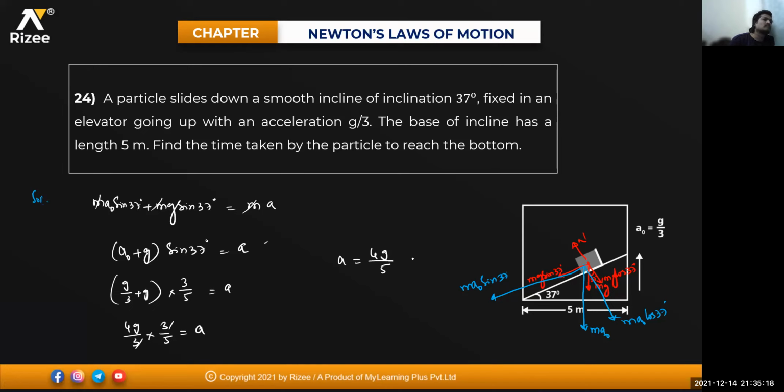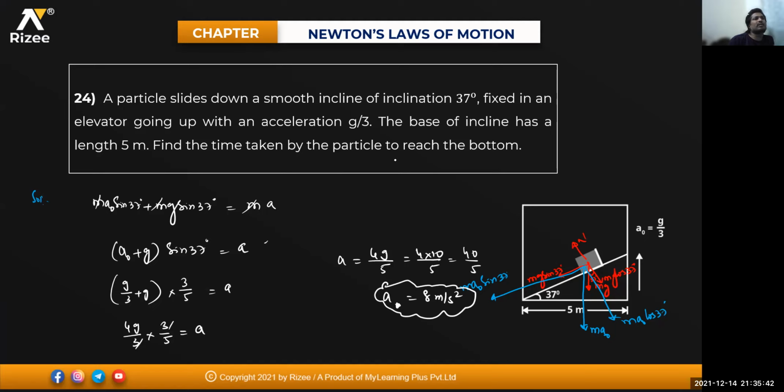With g value 10, that is 40 divided by 5, which is 8. So a is 8 meters per second squared.